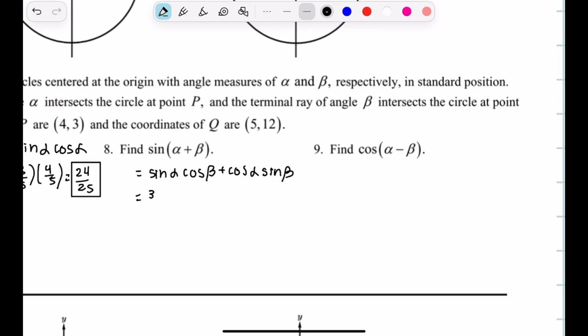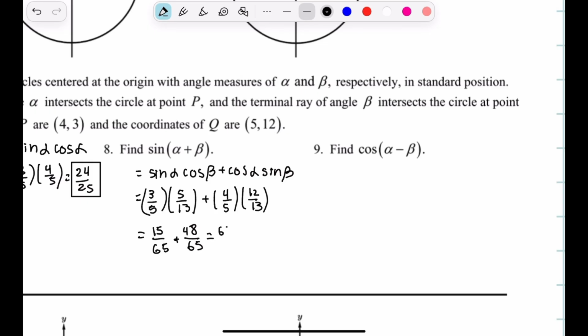So that's just going to be equal to 3 over 5 times 5 over 13, and then 4 over 5 times 12 over 13. And then just adding everything together, that's going to be 15 over 65 plus 48 over 65. And that's going to be 63 over 65. So that's going to be your final answer. Then you just box that.